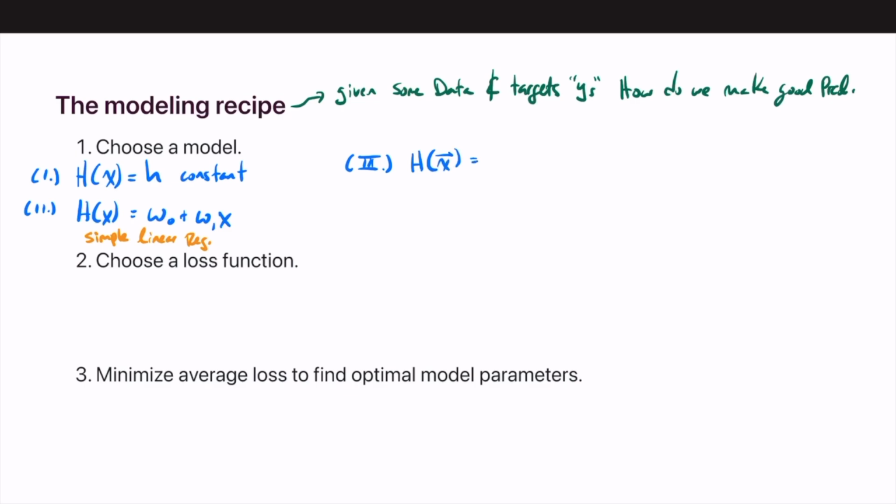And we still have our w naught plus our w sub 1 times the first feature, plus our second parameter with our second feature, plus our nth parameter with our nth feature. And well, I suppose really before we were using d, so I'll keep that the same. Actually, I can write this all a little bit better.